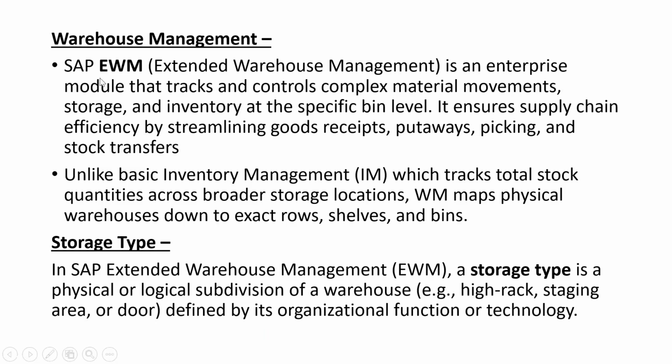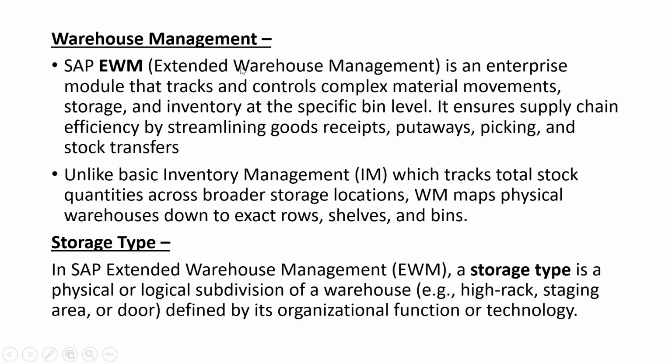As per SAP, the EWM definition is an enterprise module that tracks and controls complex material movements, storage, and inventory at the specific bin level. It ensures supply chain efficiency by streamlining goods receipts, putaways, picking, and stock transfers.